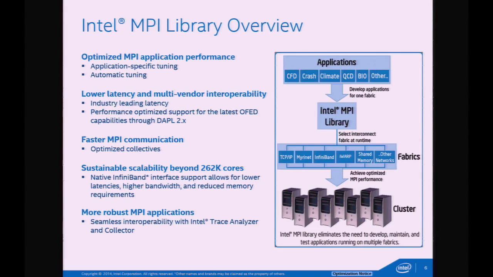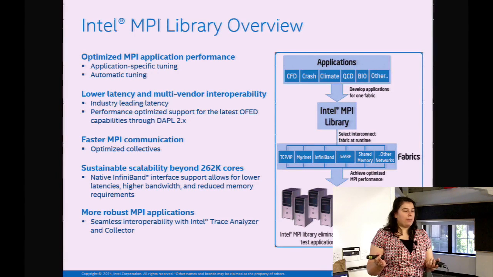The latest run we did was 262,000 MPI processes, on the SuperMUC cluster over in Germany. And it was out of the box. We had to set some environment settings, but mostly the library was able to scale out without any special recompilations or changes within the source code and so forth.